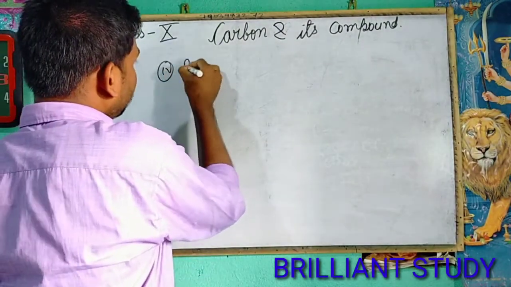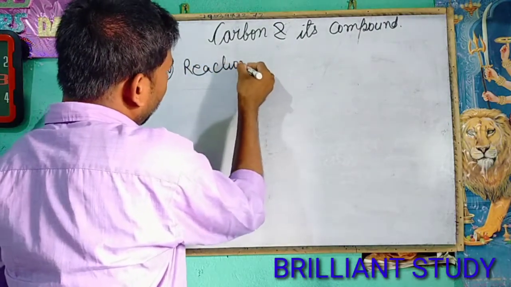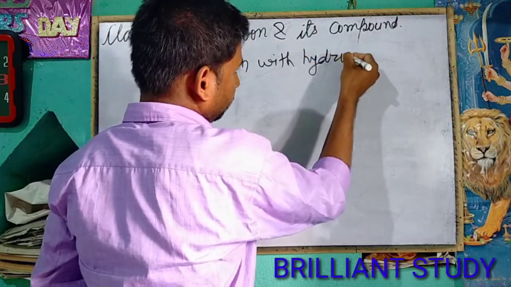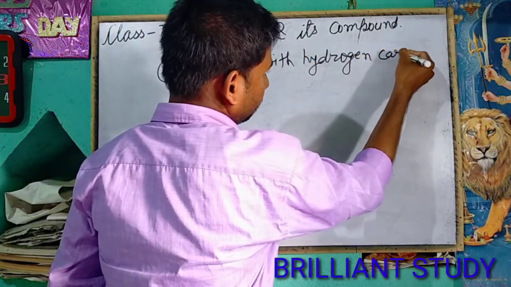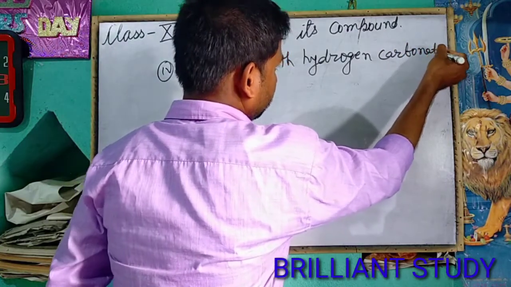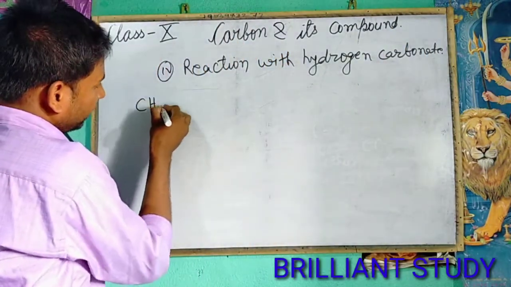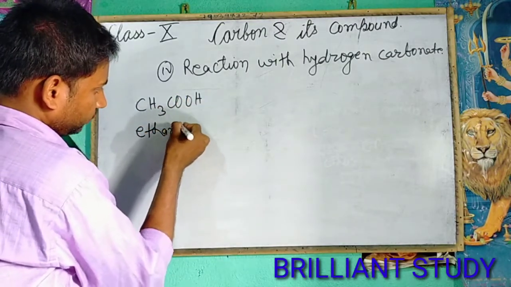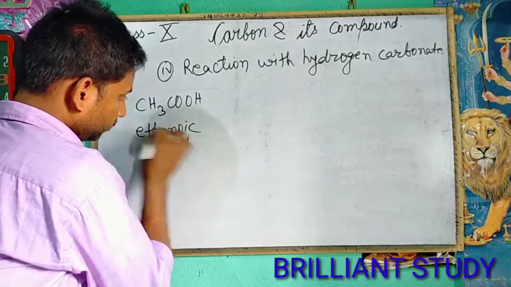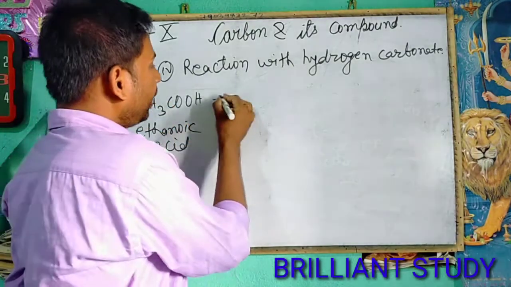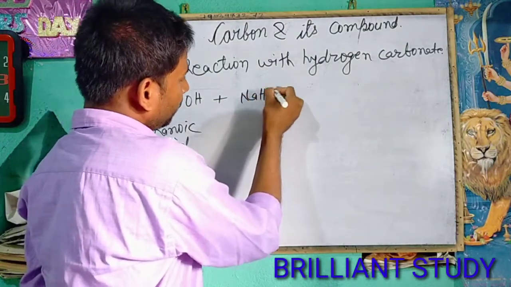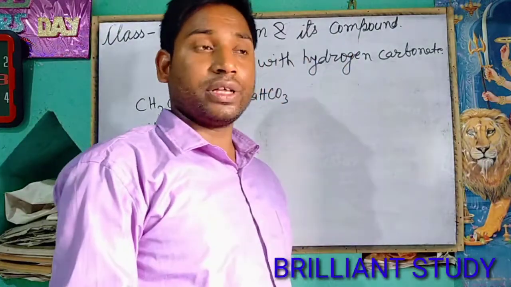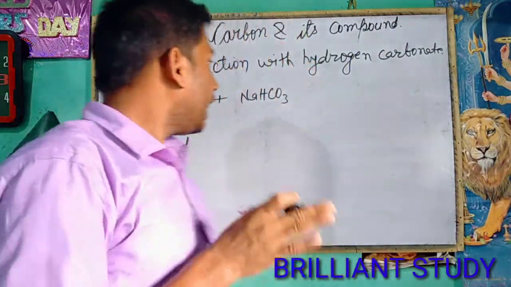And the next reaction is reaction with bicarbonate or hydrogen carbonate. This is ethanoic acid, and it will react with sodium hydrogen carbonate or potassium hydrogen carbonate or magnesium hydrogen carbonate and so on.